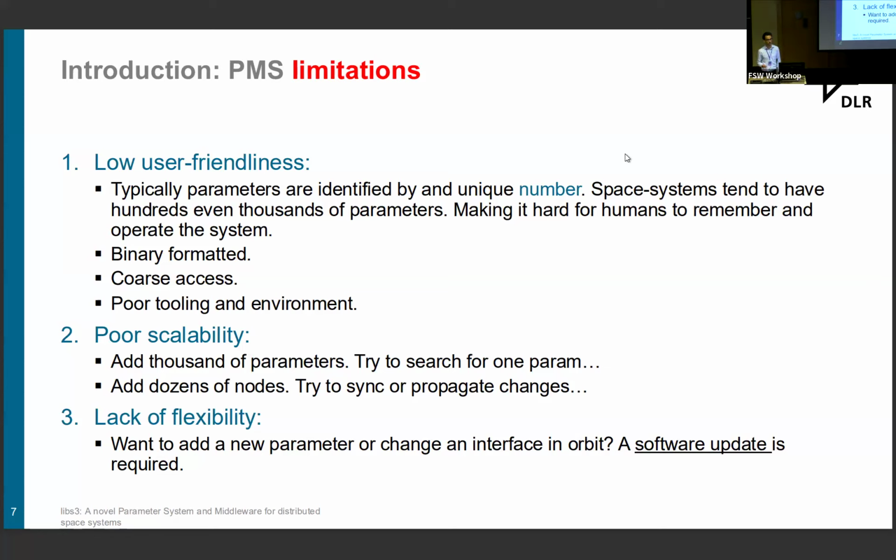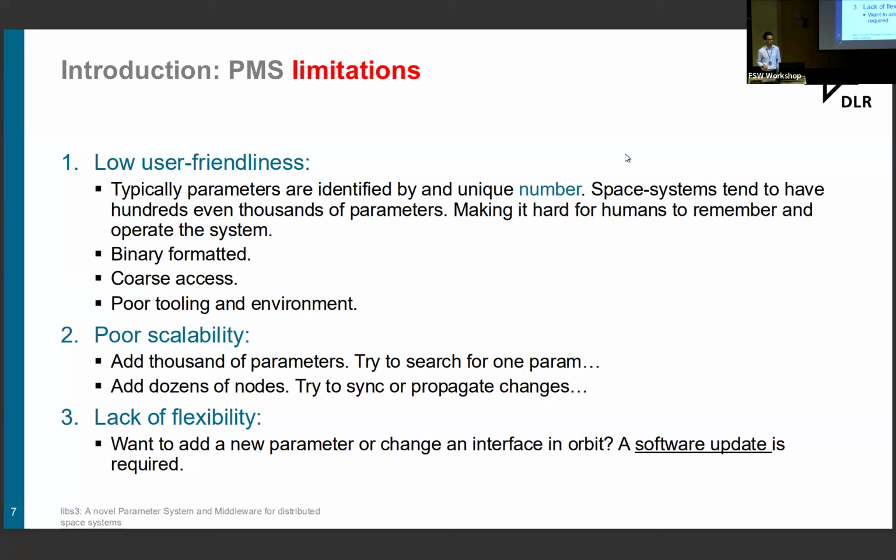They use numerical values to identify the parameters, and we have hundreds of them. So we have to look into a list of numbers and sometimes memorize them, then it becomes pretty hard to use them. Also, they are always binary formatted. So if you want to set or get a value, you have to use the correct tools.